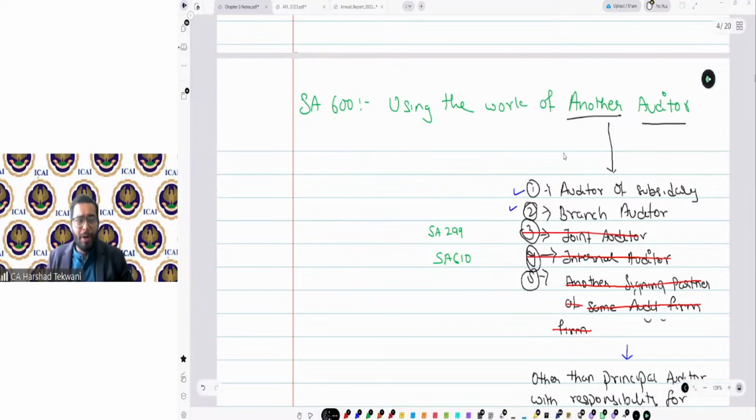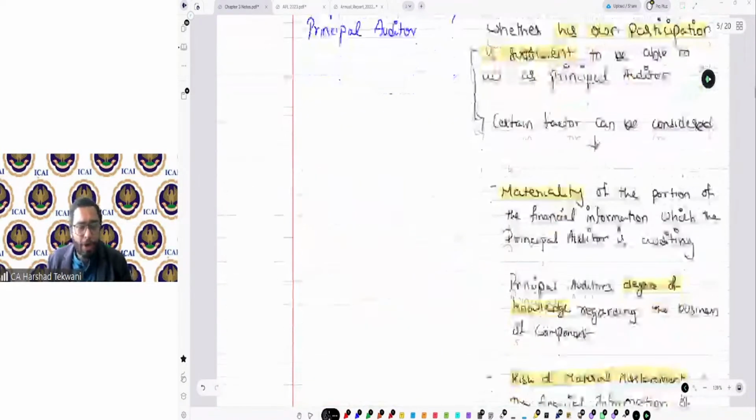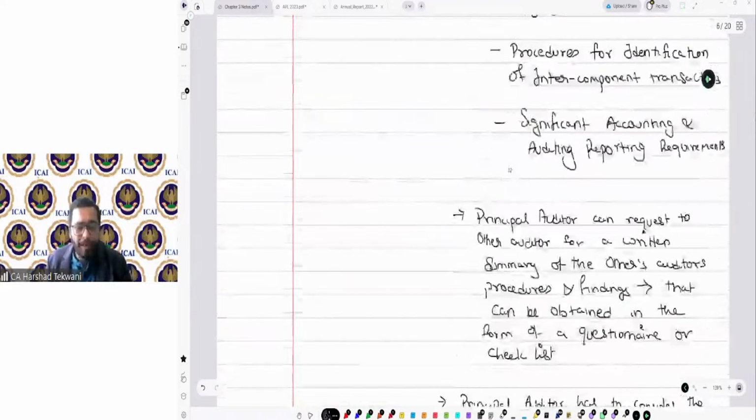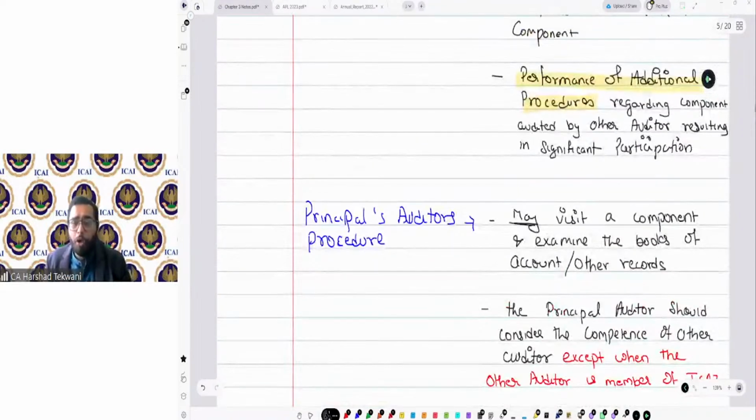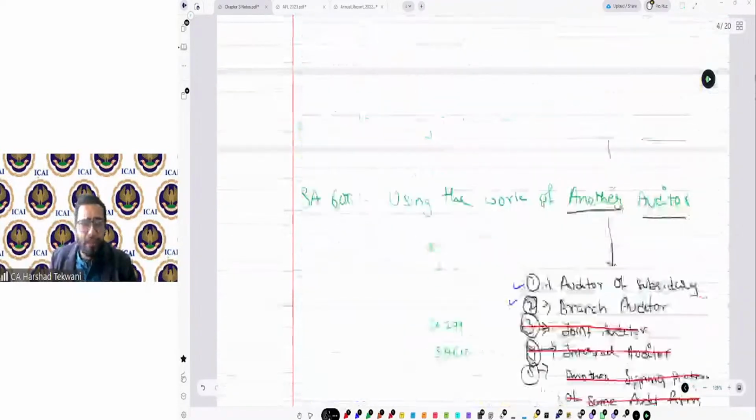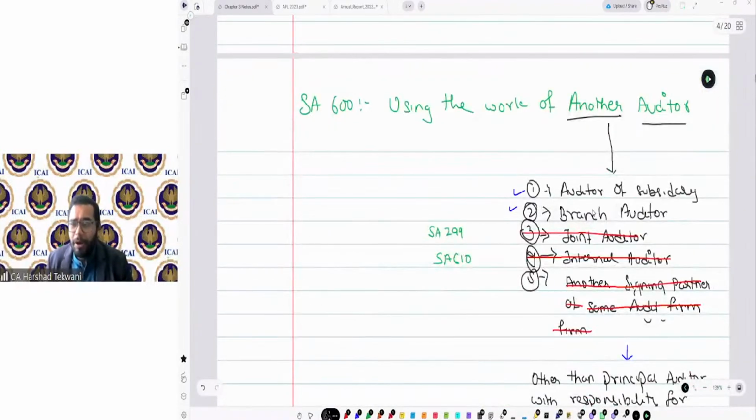So it is very important to understand how we need to use the work of another auditor. So when there is a component auditor, how we can use the work performed by the component auditor over here. What does the principal auditor do? So here we are discussing the responsibilities of the principal auditor. We are discussing the standard from the viewpoint of the principal auditor, that what the principal auditor is required to do.